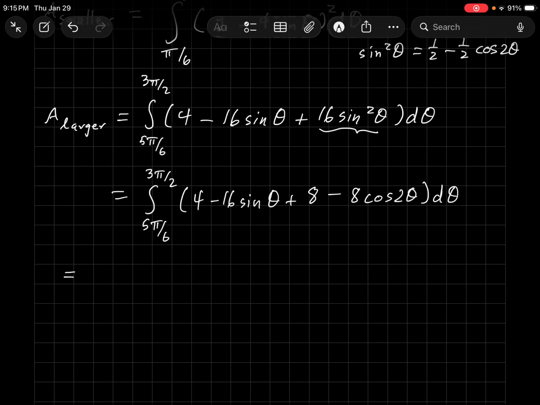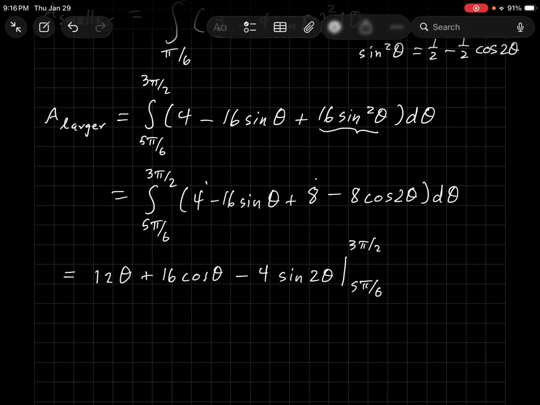So I'll get 4 plus 8, so 12 theta, and then plus 16 cosine theta. And then minus, okay, we have sine of 2 theta. And it's not 8 because we do a u sub technically, so we'd have 4 sine of 2 theta from 5 pi over 6 to 3 pi over 2.